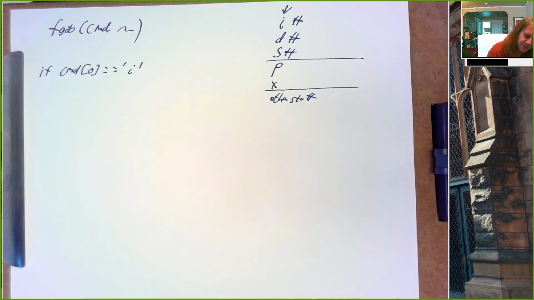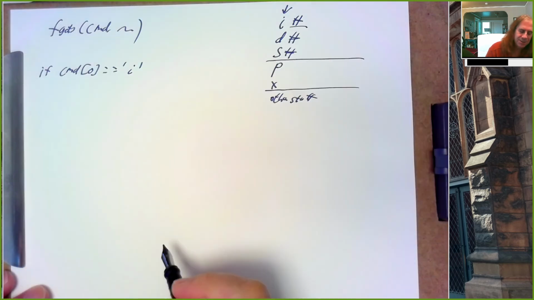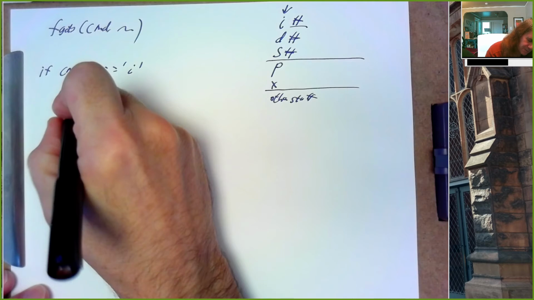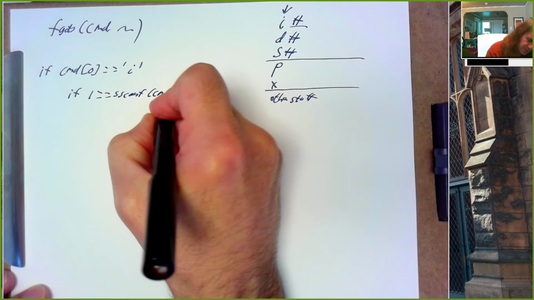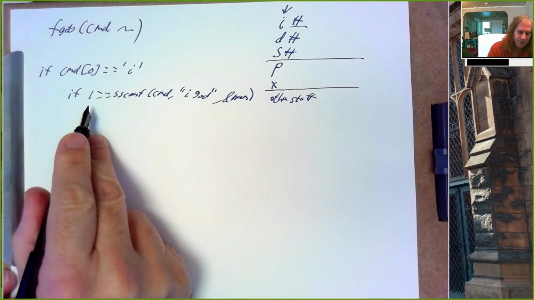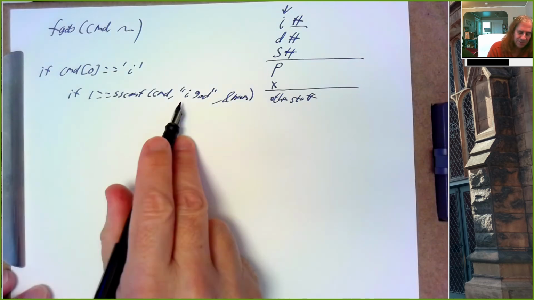So for the case of an insert, we need to pick up a legal integer. So here we're going to use scanf. So if scanning command with the format I%d, save the result in some integer. If this returns a 1, we know that the command was in the form I followed by an integer. And so, add your number to your linked list.